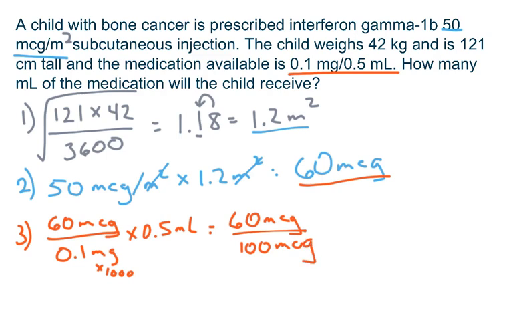Let me type it in to make sure. Yep, 100 times 0.5 milliliters. Those cancel now. So 60 divided by 100 times 0.5 equals 0.3 milliliters.